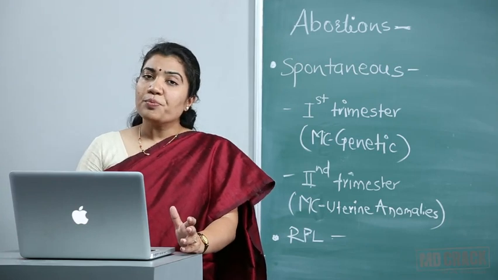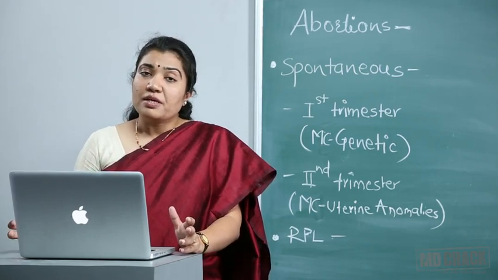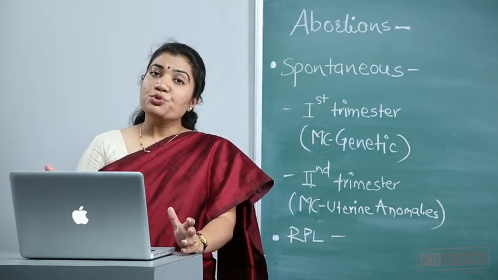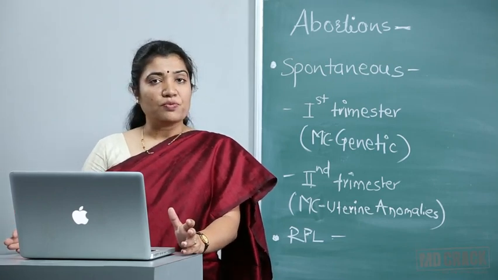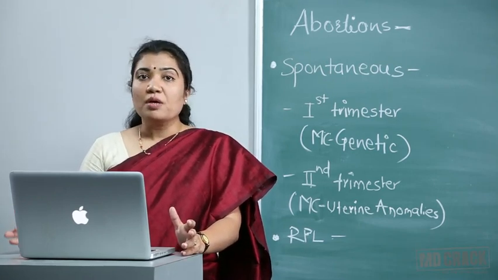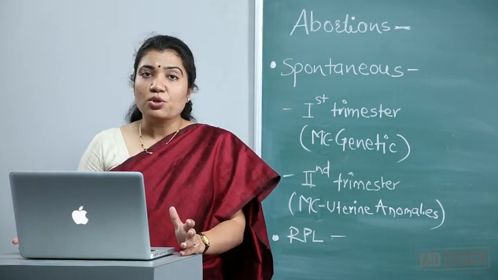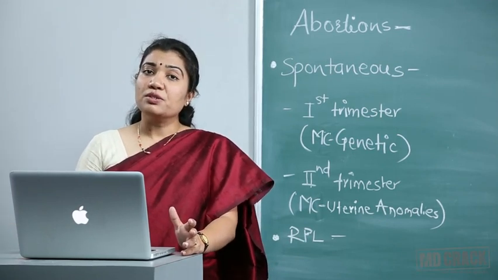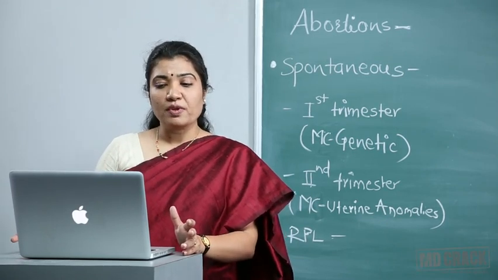But now, because of improved NICU care, the definition has almost shifted to 20 weeks. From 20 weeks onwards the fetus becomes viable. Before that it is considered a non-viable fetus, and thus it is included in the definition of abortion.